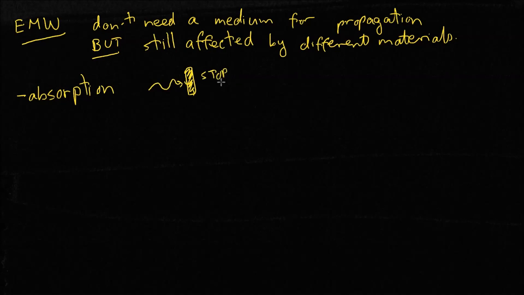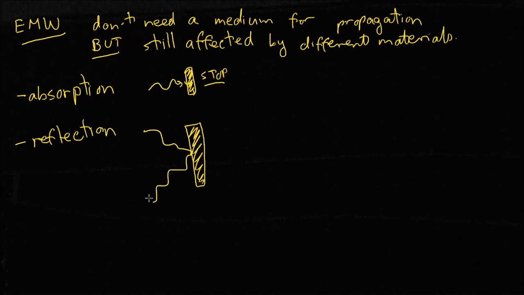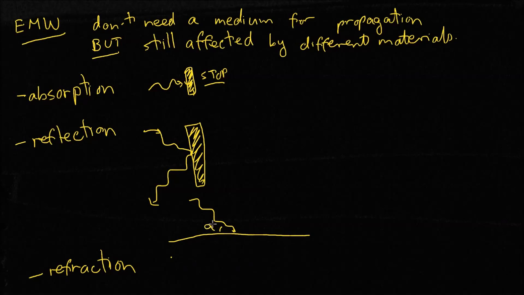So we have properties like absorption, reflection, where the wave bounces off a barrier, and also refraction, where our wave enters a material of a different density and changes speed, which changes the angle at which the wave travels. Now, even though the speed of light in a vacuum is constant, the speed of light will change whenever that light wave enters a new material.